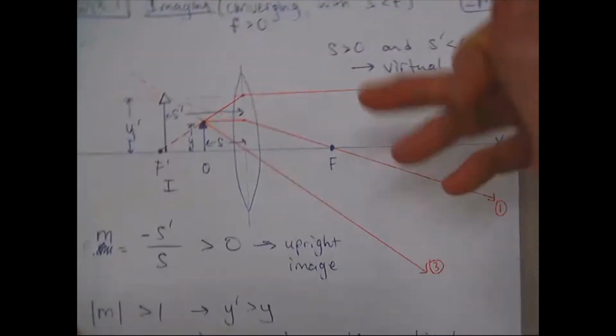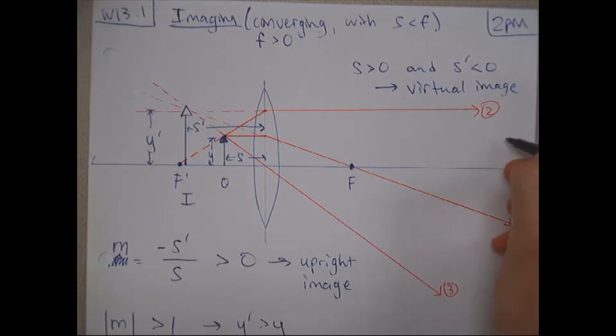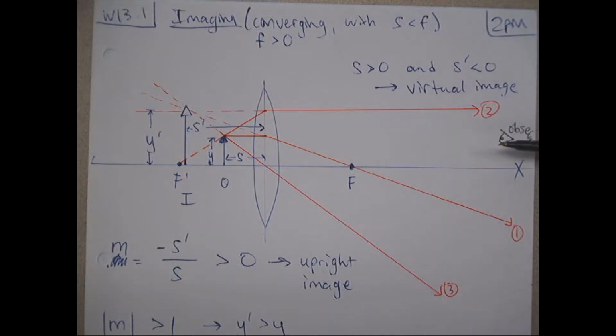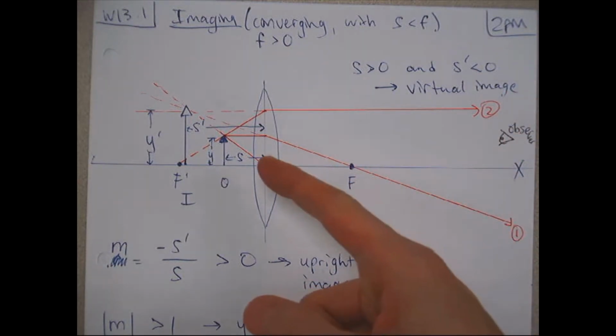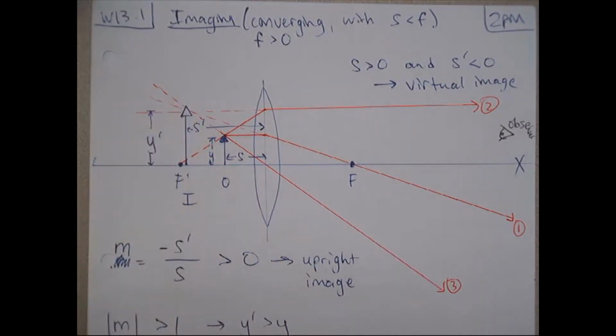Now you can see this is a converging lens, but our light rays are diverging on the opposite side. What we must do is imagine ourselves again to be an observer over here. And that observer can use the lens in their eye to collect these diverging light rays, and they will see a virtual image, which is back here. How do we know it's there?